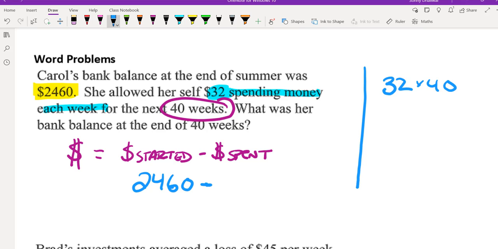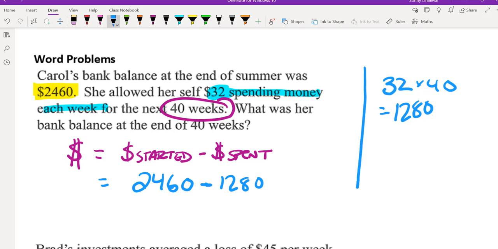Can anybody do that in their head? Yes, Max? Or do you have the number? I have the number. Okay, what is it? $1,280. So that's how much money she spent. Well, something like this, it's okay to pull out a calculator if you need to, right? So she spent $1,280.